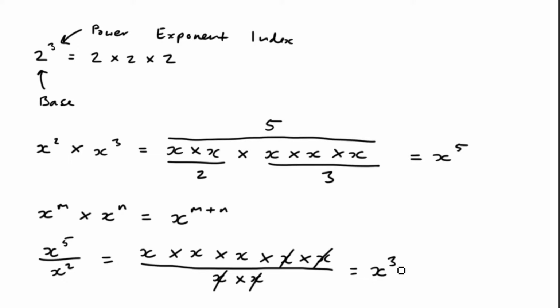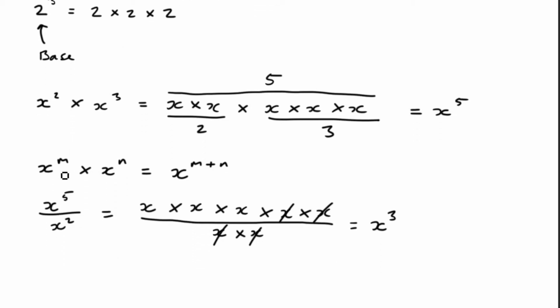Now that 3 has come about because we have removed 2 of the things from the top to go with the 2 things from the bottom. In other words, we have subtracted the 2 from the bottom from the 5 on the top. So we have a general rule which tells us that if we have x to the power m divided by x to the power n, we will just get x to the m subtract n.